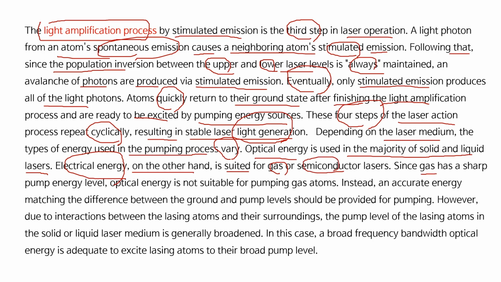Since gas has a sharp pump energy level, optical energy is not suitable for pumping gas atoms. Instead, an accurate energy matching the difference between the ground and the pump levels should be provided for pumping. So, for gas or semiconductor lasers, electrical energy is more suitable for pumping.